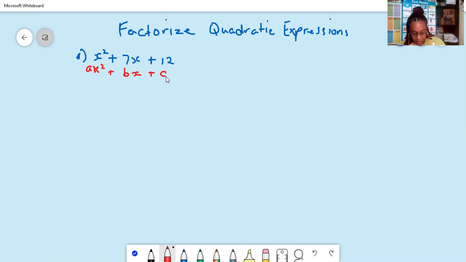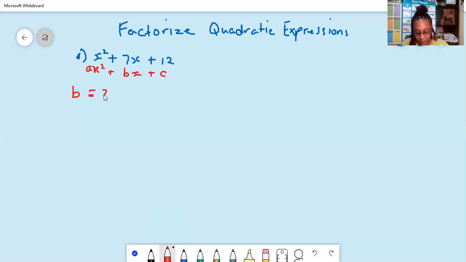The rule says that we need to find two numbers represented by p and q whose sum will equal b and whose product will equal ac. Let's look at what b is. In this case, b is the number 7.